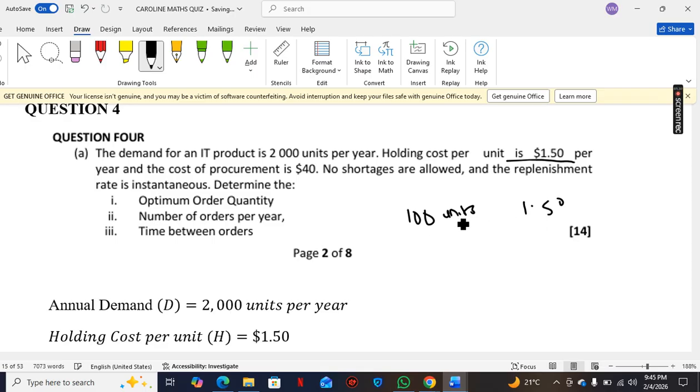So if you order 100 units, you're going to be paying $150 to hold this inventory. If you increase and say, I bring in 200 units, 200 multiplied by $1.50 per unit, your holding cost is going to be 300.